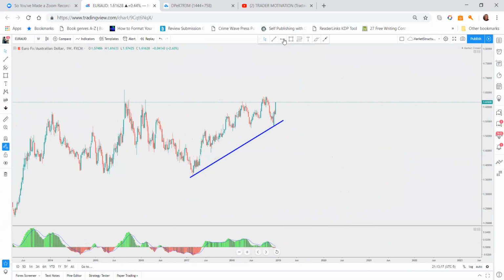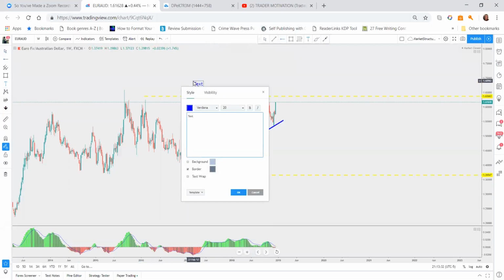Another tool that you can use is your horizontal ray to box in price to see where our possible reversal points are. And this at the top is what we call our supply zone. Is where sellers take control of the market.